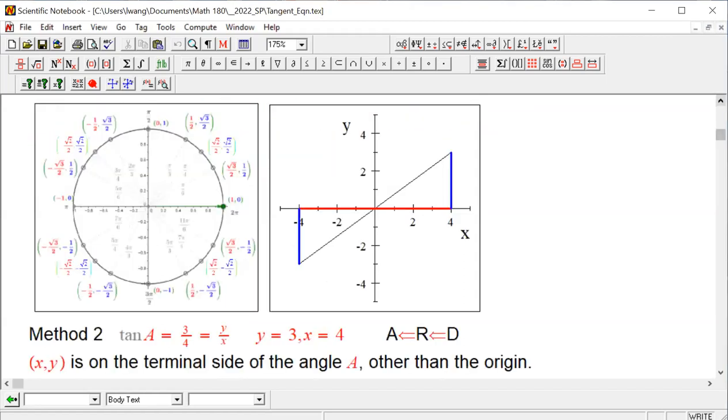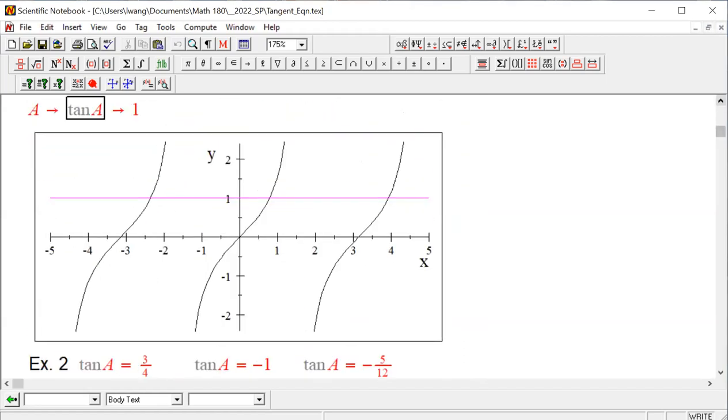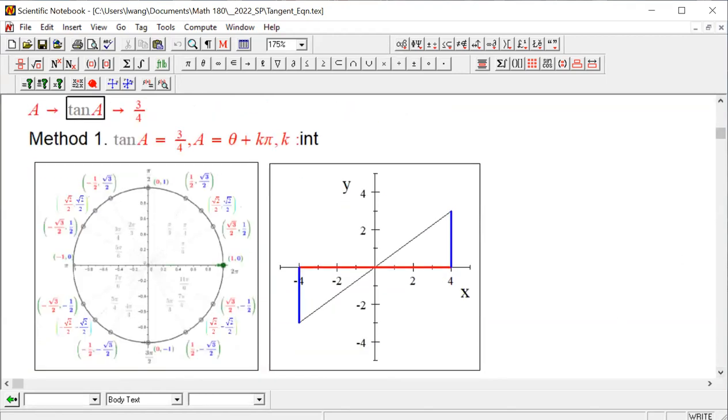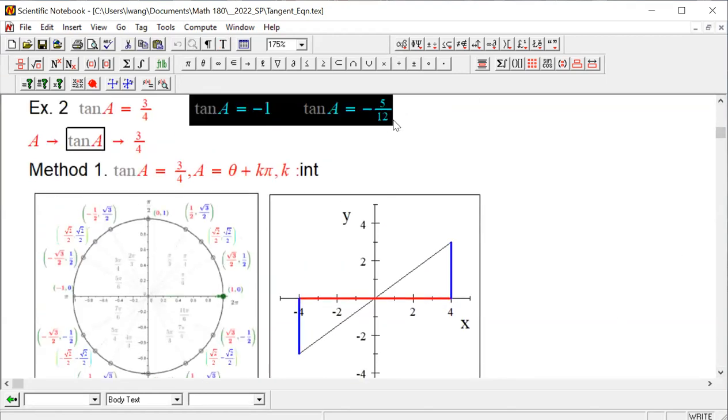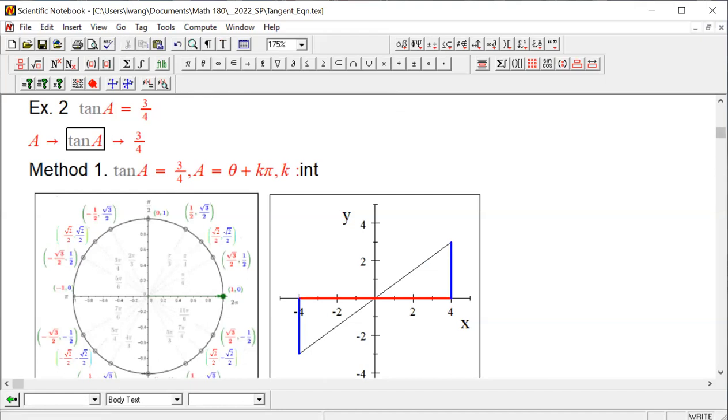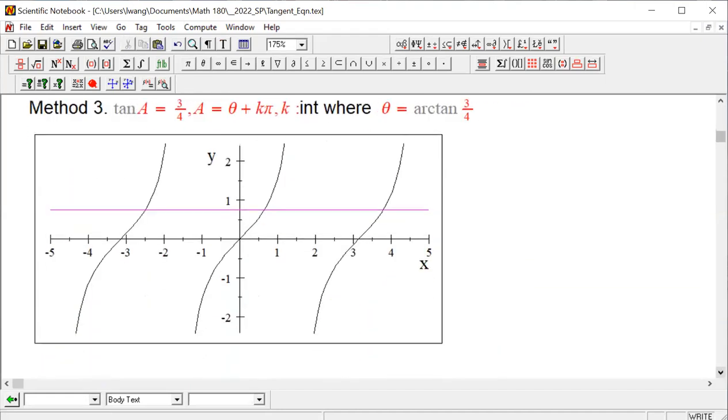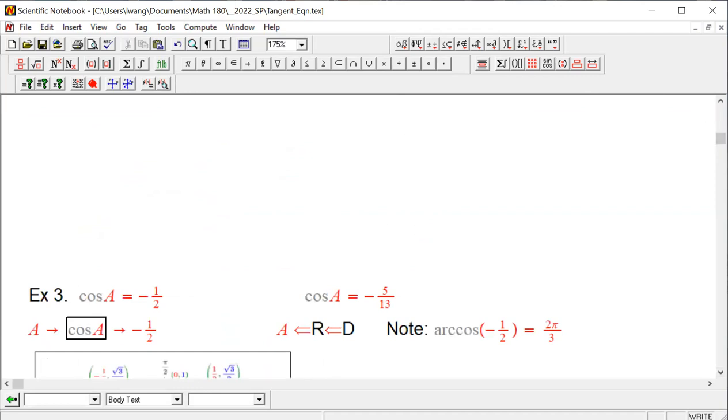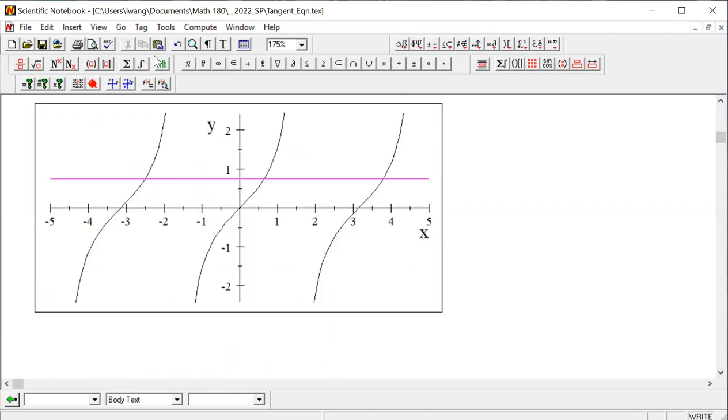With negative ratio. Where's our negative ratio? We have two other examples of that we're going to cover. Example number 3, and example 4.